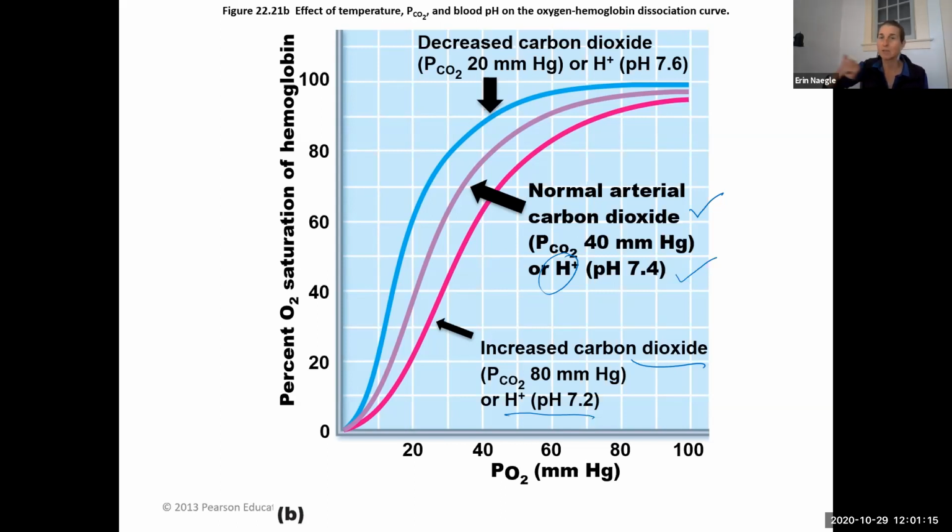And you also see this shift to the right in that now we're unloading more oxygen from the hemoglobin to enter into those working tissues. So temperature, carbon dioxide, hydrogen ions, that all causes this shift to the right.